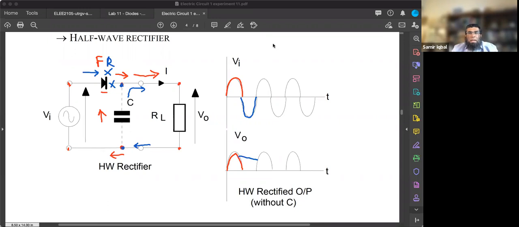I come back to the red one. So red means the positive side is coming, so the current is already here, and current will start going up again. Then we will encounter the reverse bias, and we will start seeing the capacitor discharging again.